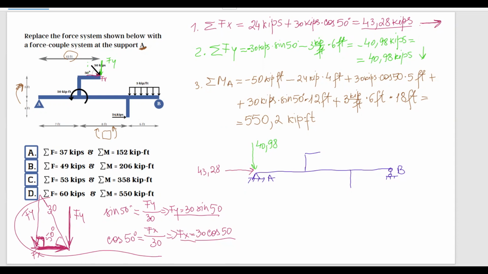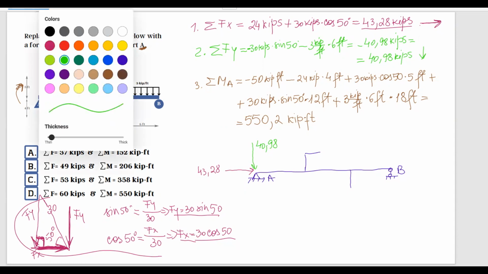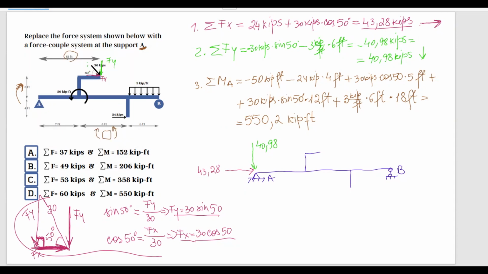And also I have a clockwise moment of 550.2.